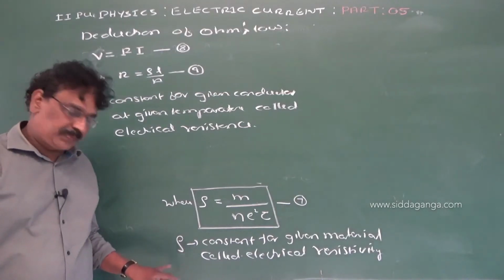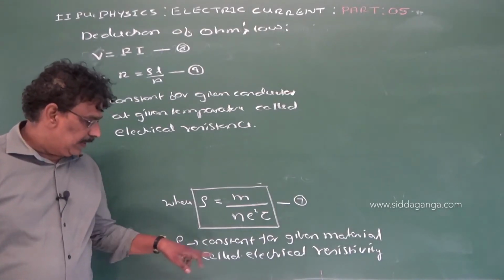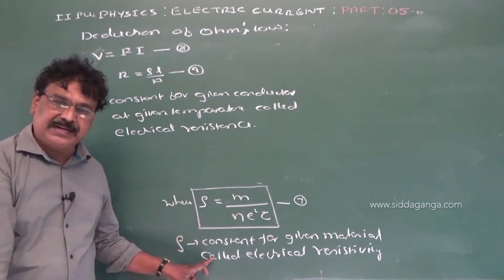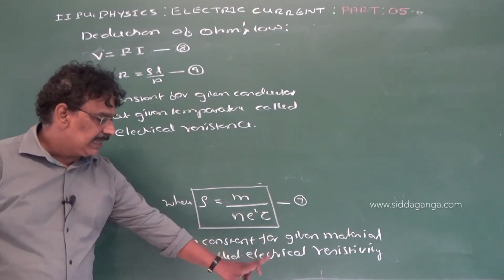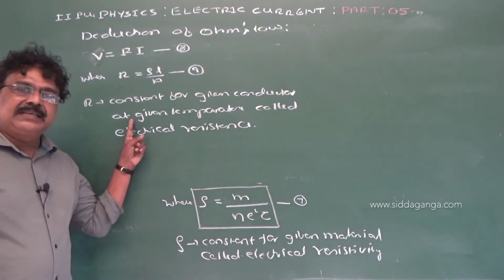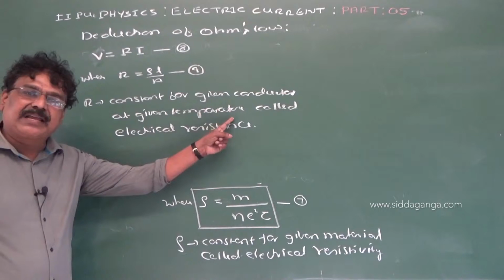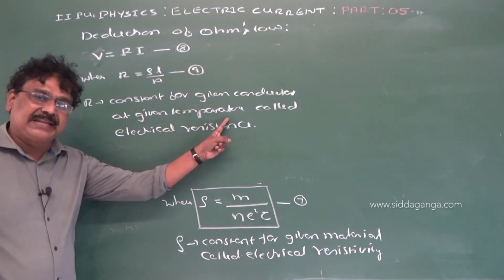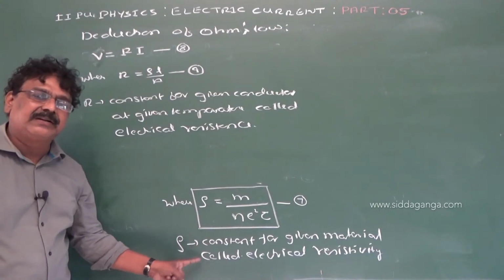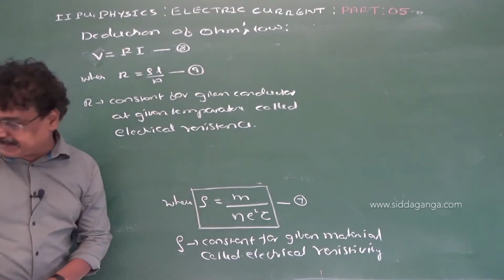See here, rho is constant for a given material, of course at constant temperature, called electrical resistivity. But resistance is constant only for a given conductor. It is not for the material. It is given for the conductor. But resistivity is constant for the material of the conductor.